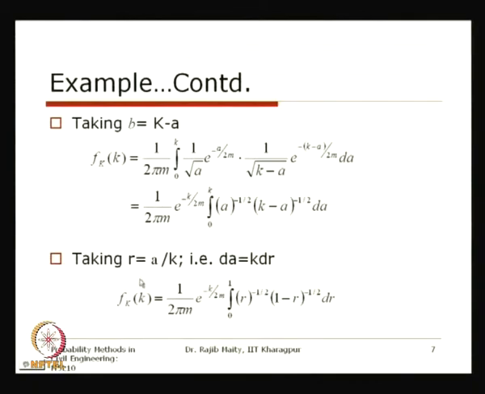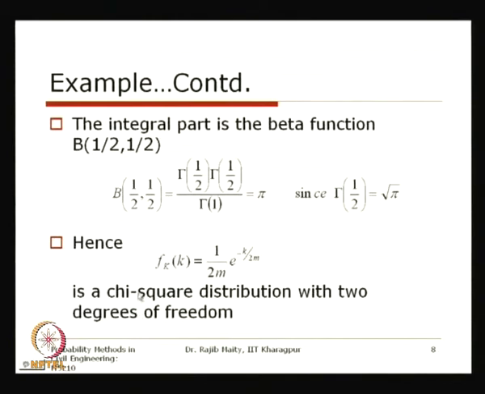So, the final form of the distribution of the random variable k will be 1 by 2 m, pi cancelled, e power minus k by twice m. Now, you know that this is also a chi-square distribution with 2 degrees of freedom, which is nothing but the distribution of the total kinetic energy induced during the earthquake.